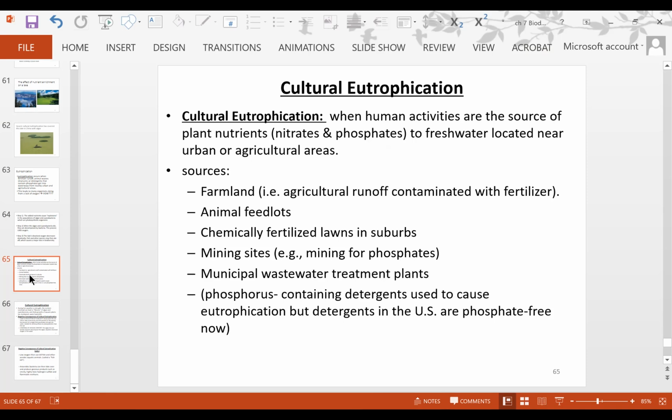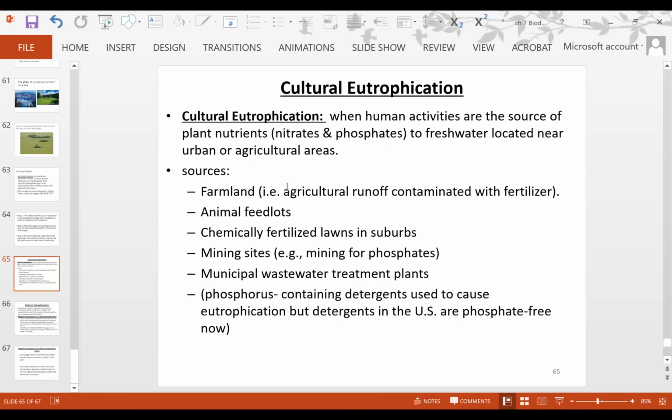So again, that could be nitrates and phosphates, and this is mainly from farmland or from urban runoff. Because eutrophication can be natural as well, but mostly we're discussing a cultural influence here from human activities.